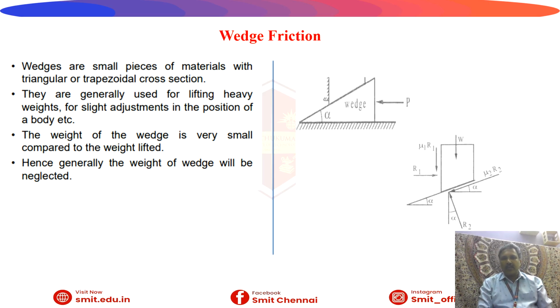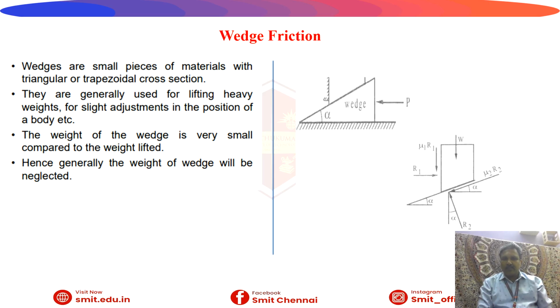The weight of the wedge is very small compared to the weight lifted. One advantage is that the wedge should be light, but it will be used for lifting heavy blocks. Hence, generally the weight of the wedge will be neglected. Therefore, the wedge weight will not be taken into account in most of the cases.